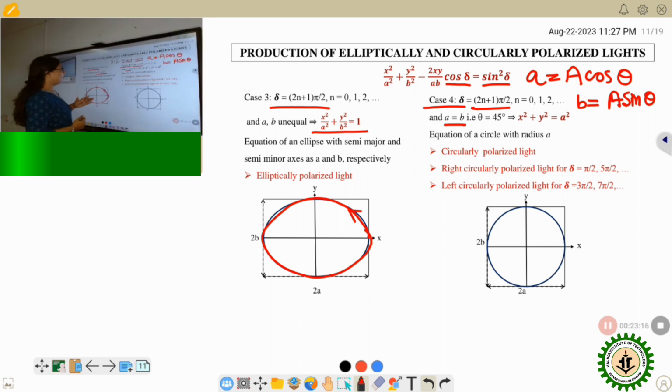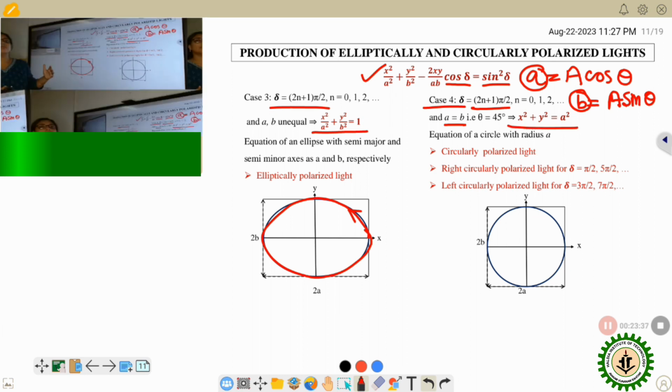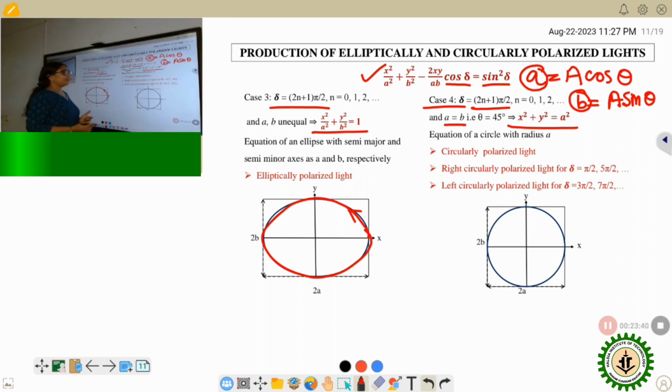So if the incident ray's vibration is at 45 degree with the optic axis of the crystal, we get the initial amplitudes to be same, and as a result of it, the general equation is reduced to x square plus y square equal to a square, which is the equation of a circle with radius a. Thus we get circularly polarized light by superposition of two plane polarized light having vibration perpendicular to each other, and theta is given by 45 degree.